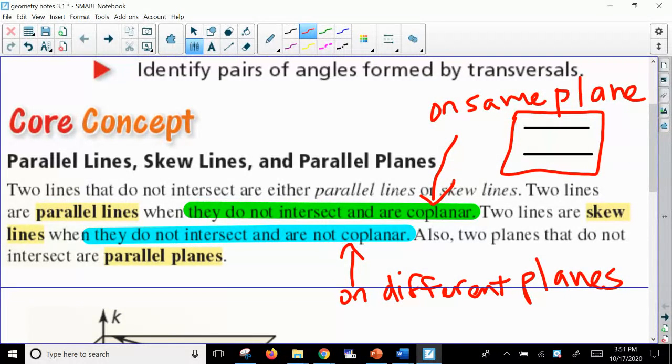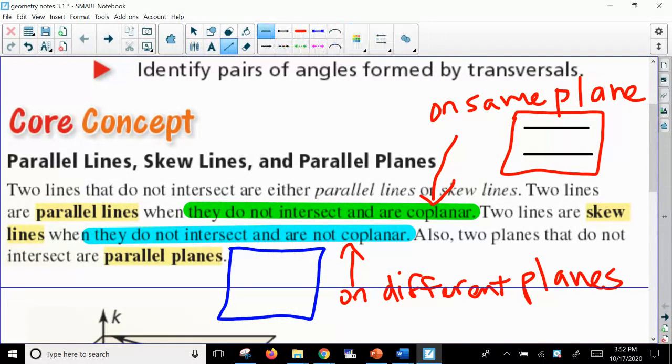Okay, so imagine in my example up here, you've got a sheet of paper like this. Imagine you have one line that's on the paper, like so. And then you have another line, and let's say your other line is not on the paper. It's like in front of the paper.